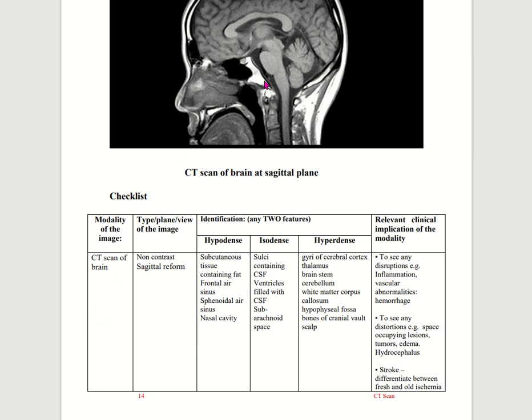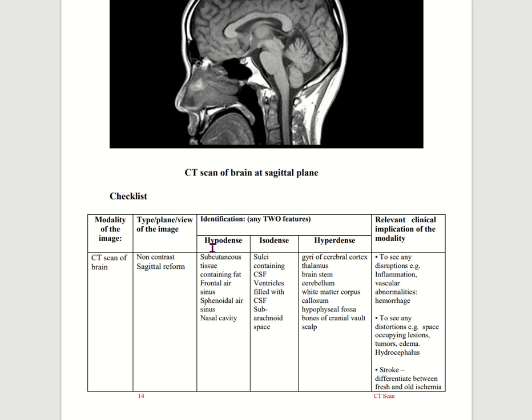In CT scan image, you have to tell the CT scan of the brain, and no contrast is used in this image technique, and a sagittal section is used here.